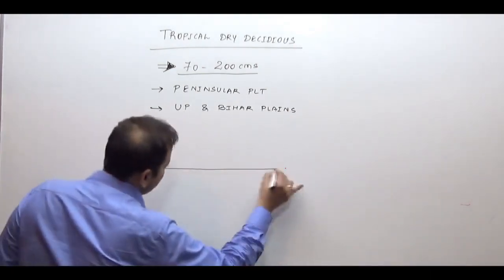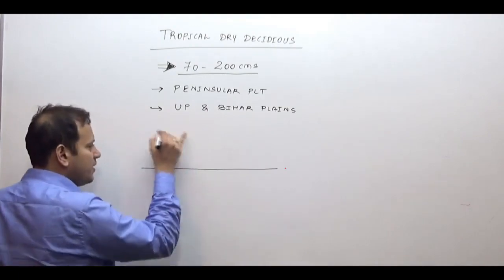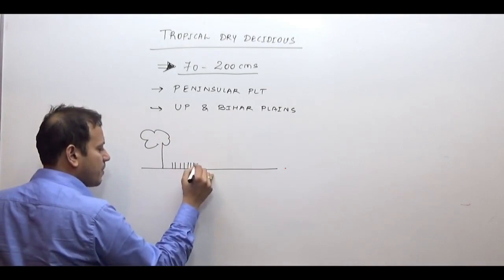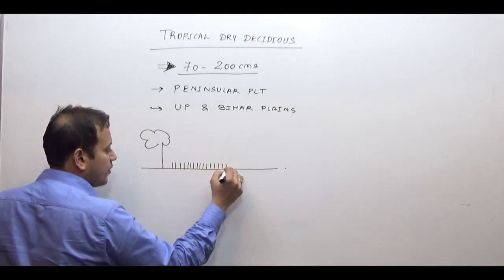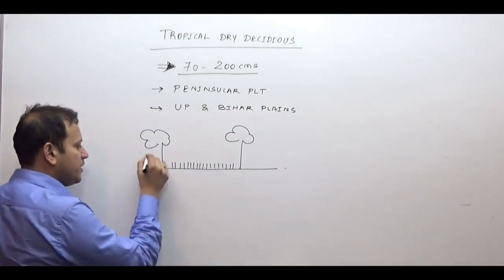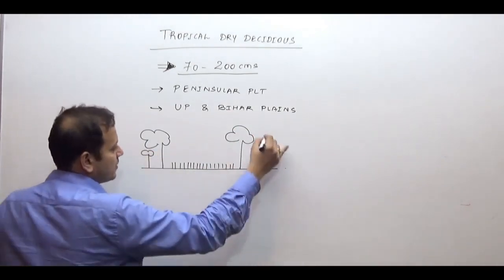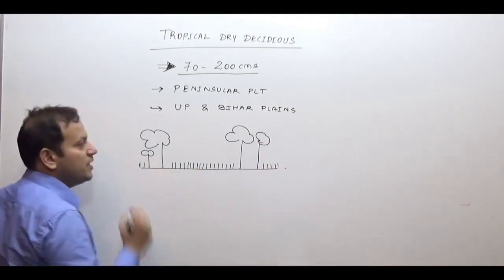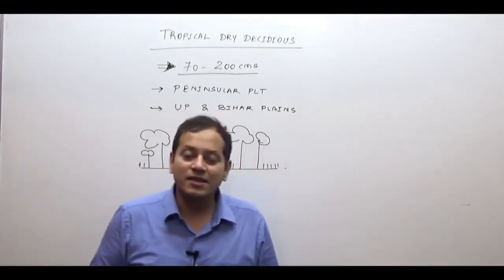In this dry deciduous forest, there are trees and then there is grass, to a larger extent. Where you see trees and the grasses simultaneously, you generally see this in gardens.